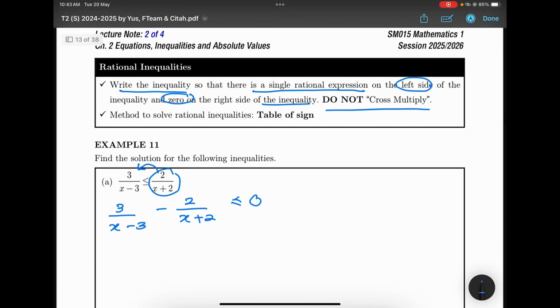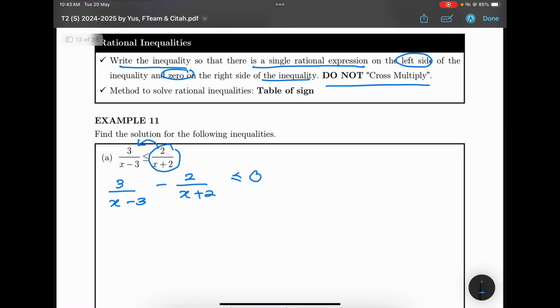Okay, alright, so sekarang bila kita dah dalam keadaan macam ni, kita ada dua pecahan, we need to equalize the denominator. So macam mana nak equalize the denominator? Simple sahaja. This rational multiply with this factor, dan sama juga rational yang sebelah sini akan dimultiply with this factor.